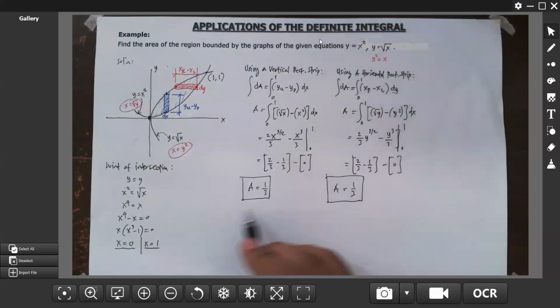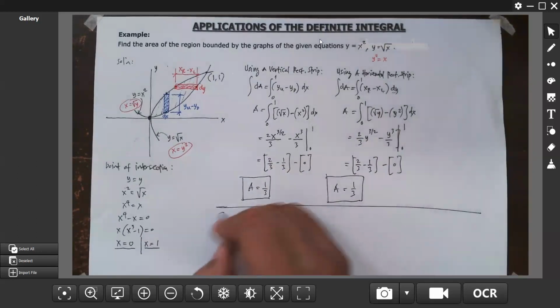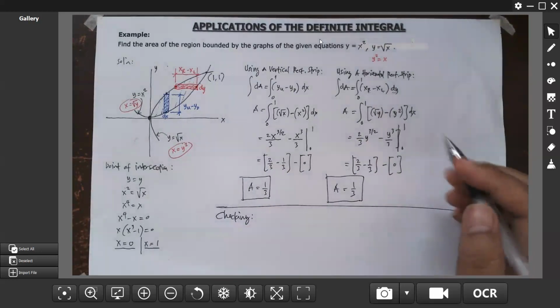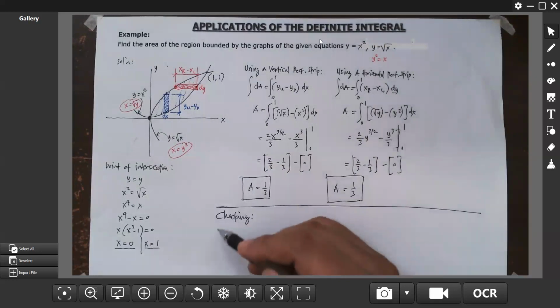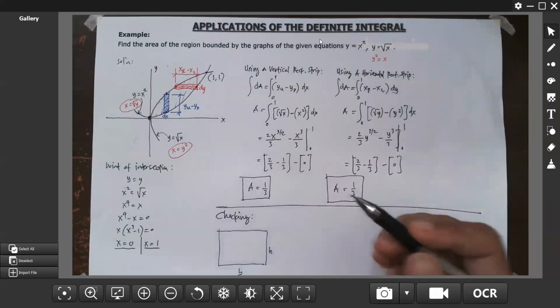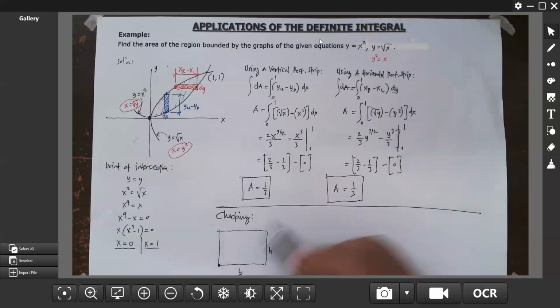Now, checking, we use geometry. From this rectangle, the area is BH. Now, if this is the vertex, parabola, and then this is the vertex, and then you have this parabola.